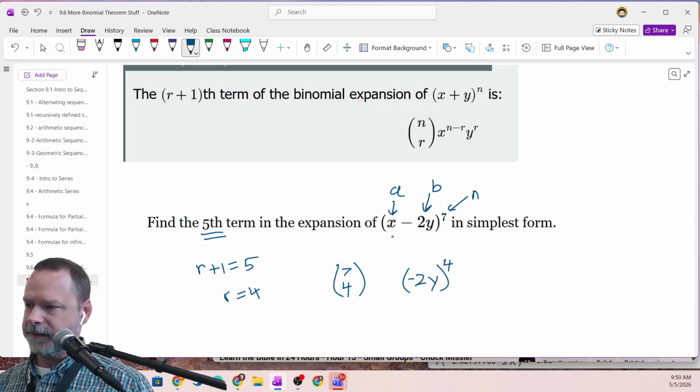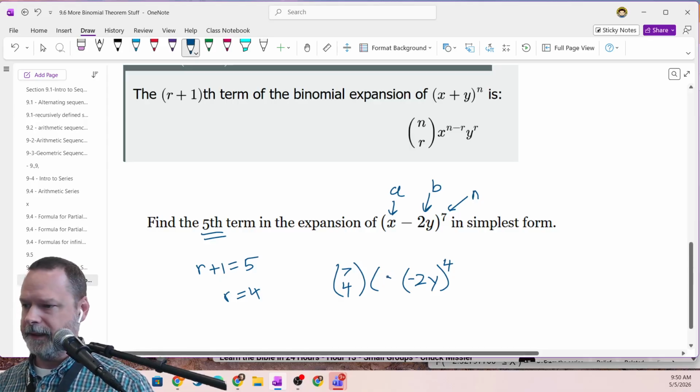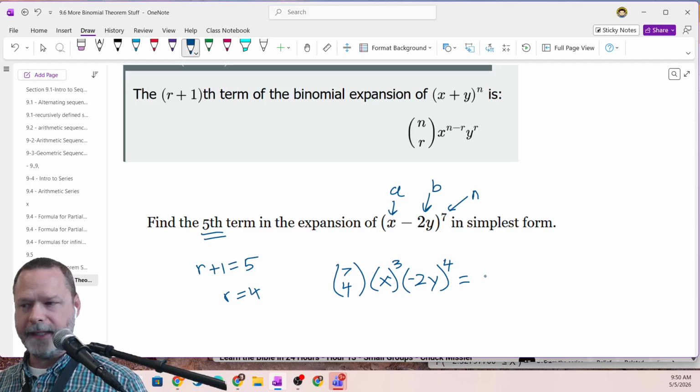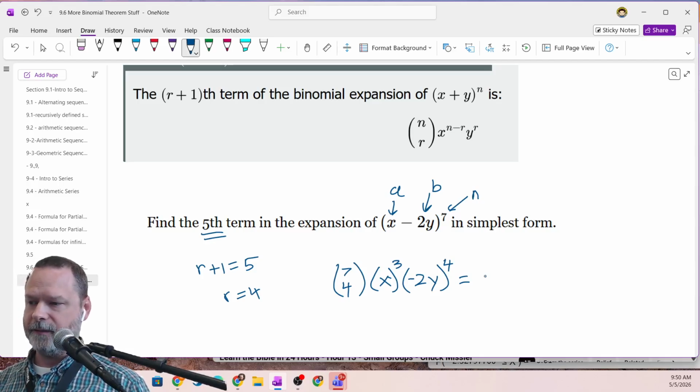And then my first part, my a here, which is x, is going to be 7 minus 4. So that's going to be 3. That's the way I like to do it. Or we can just plug it all in. We know all the values and figure it out. Piece of cake. It's too easy. And that's going to be our answer. And then we just work that out. I'm not going to simplify this out; I think we can do that later.